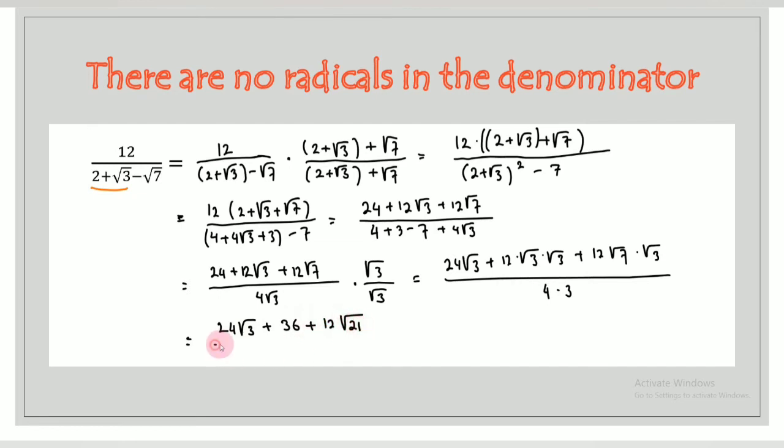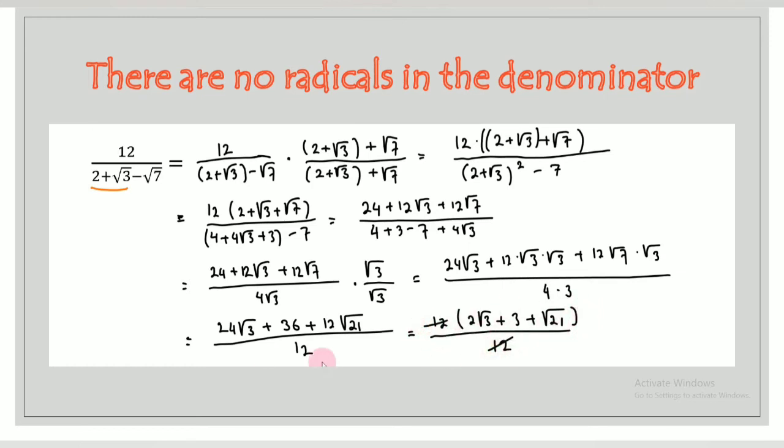We have already eliminated the radicals in the denominator. But still I can simplify this. I factor out 12 out of the numerator, so it becomes like this, and I can cancel 12.